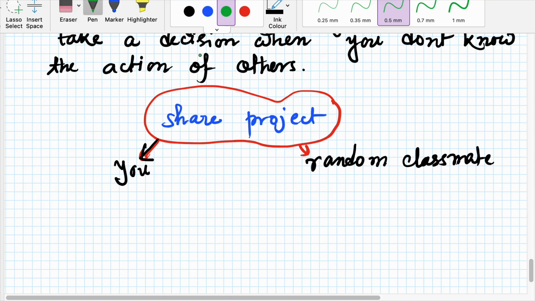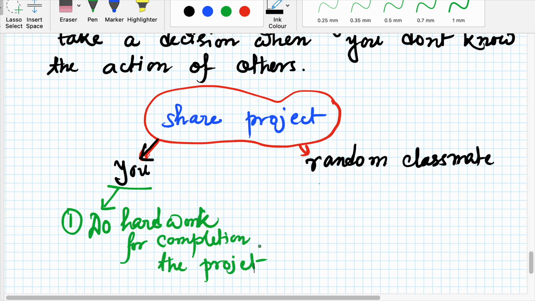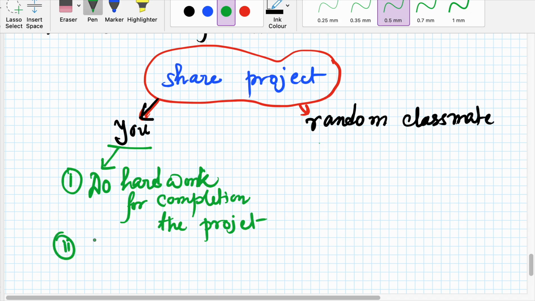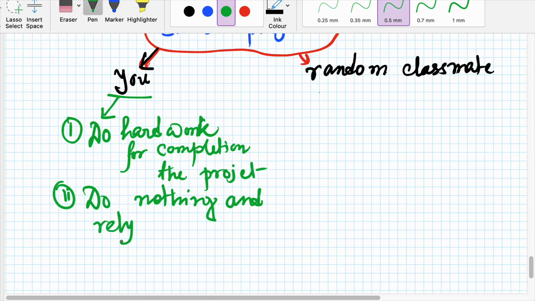Now you have two options to choose from: either do hard work for completion of the project, or do nothing and rely on the work of the other person.